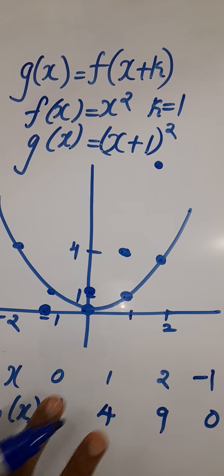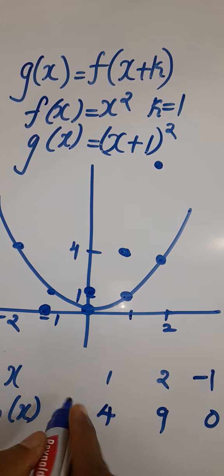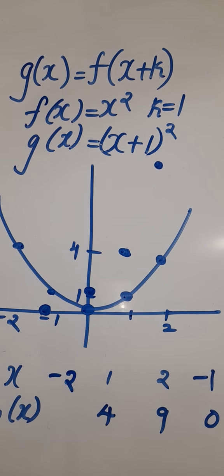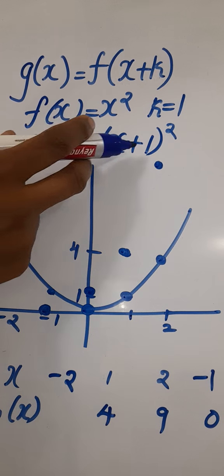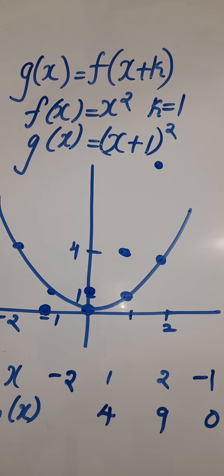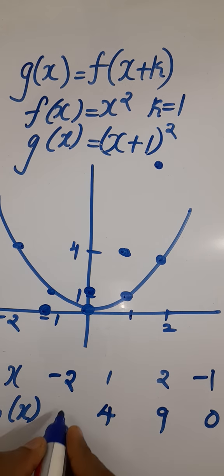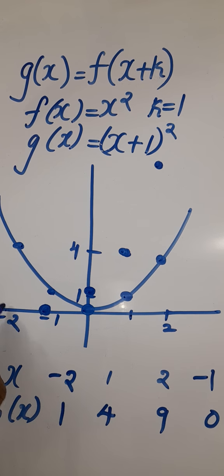What happens if x is equal to minus 2? For x equals minus 2, we get minus 2 plus 1, which is minus 1, minus 1 square, 1. For x equal to minus 2, we get it to be equal to 1.